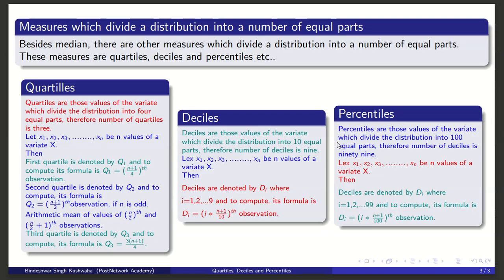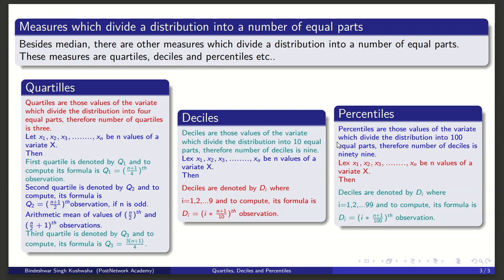Then percentiles are denoted by Pi, where i is from 1 to 99, and its formula is i into (n plus 1) upon 100th observation. So if i is 1, first percentile; i is 2, second percentile; i is 3, third percentile, and so on.